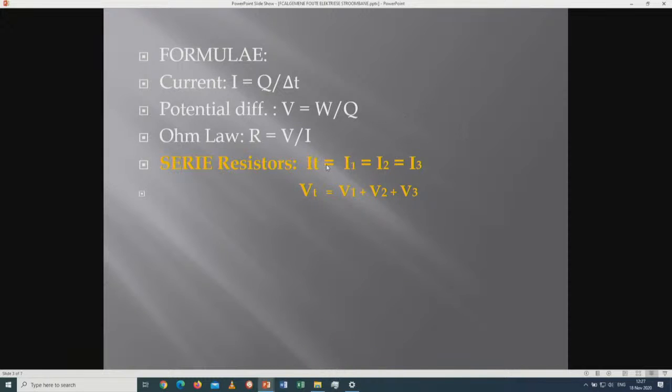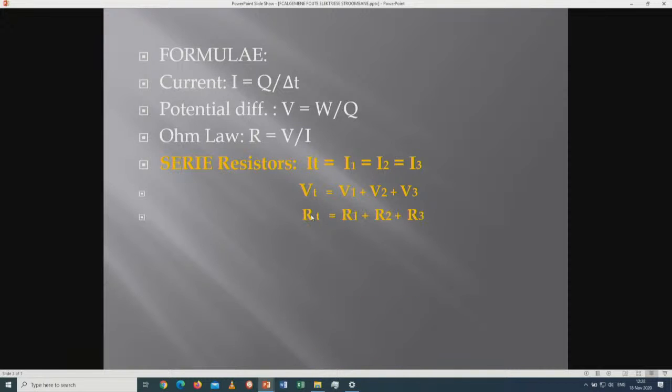Firstly, in series, you know that the current in all parts of the series circuit is equal. Secondly, if there are resistors in series, you just add the potential difference across each resistor, and this gives you the total potential difference, if it's only resistors in series in the whole circuit.